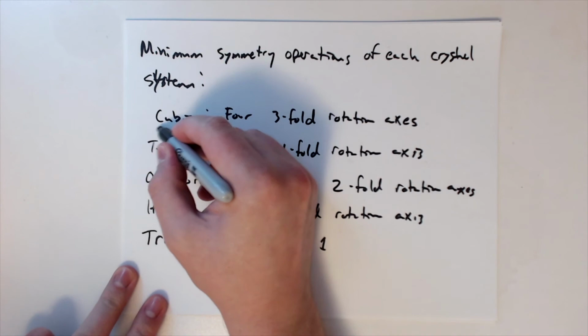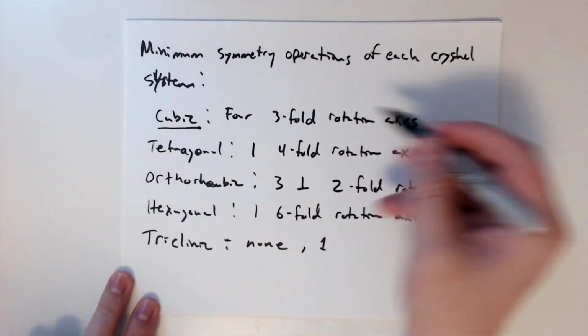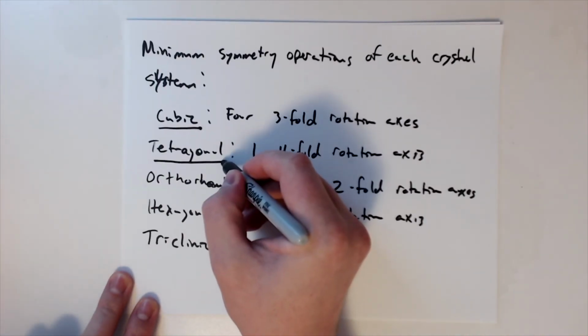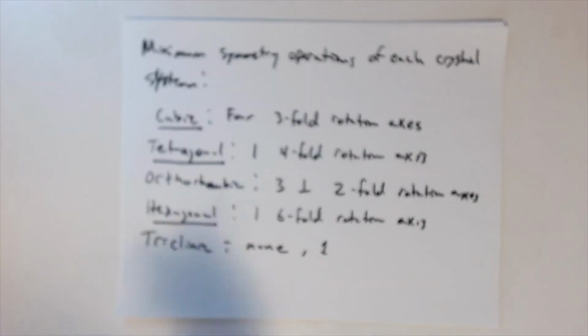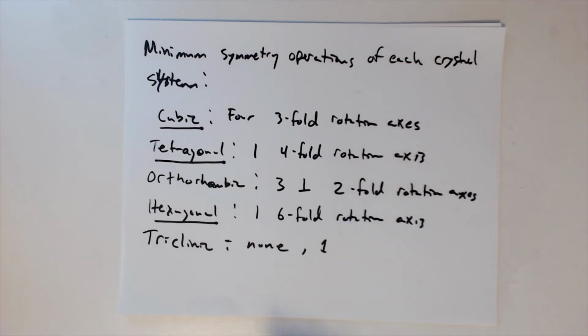Which one looks most like cubic, thinking about the symmetry that I've talked about here? Which one looks like tetragonal? And which one looks like hexagonal? So which one looks the closest to what you associate with the minimum symmetry? See if you can do that, and then we'll come back and discuss this.